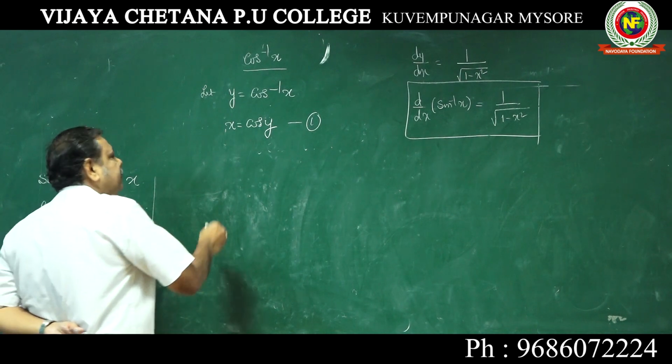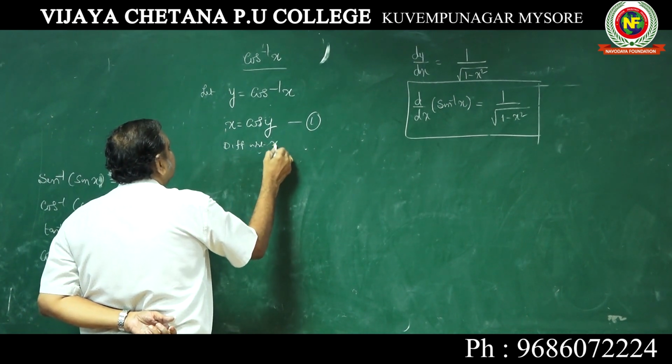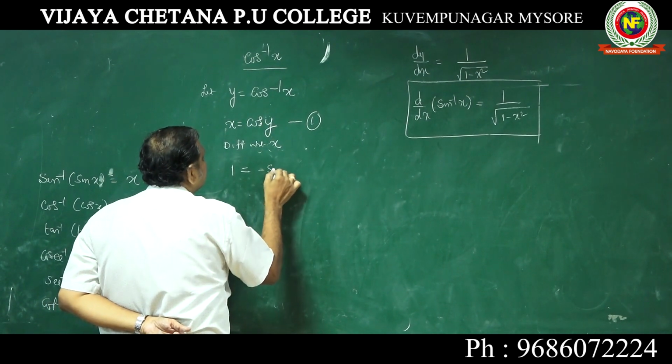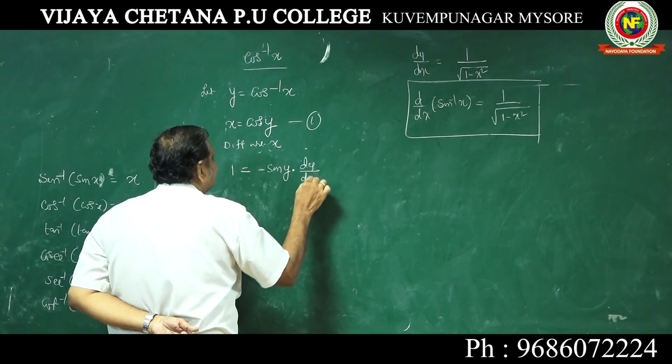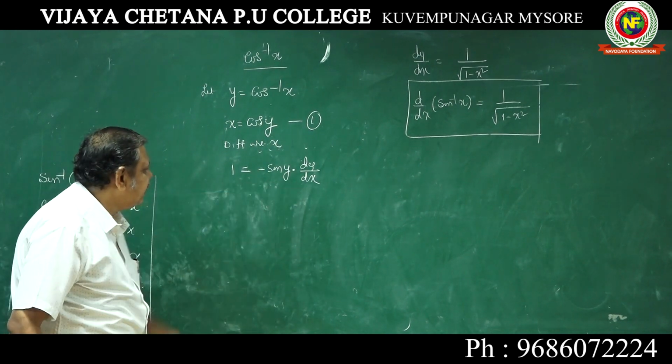Now differentiate with respect to x. When you differentiate with respect to x, left side is 1, and cos y differentiation is minus sin y into dy by dx, because you have to write the y variable. When you are differentiating the y variable, you should write dy by dx.